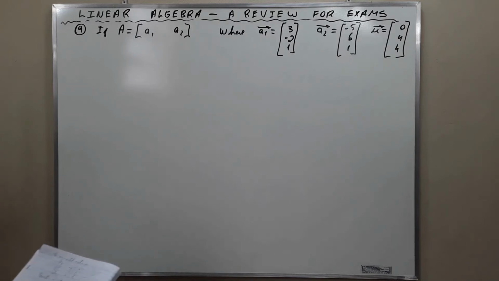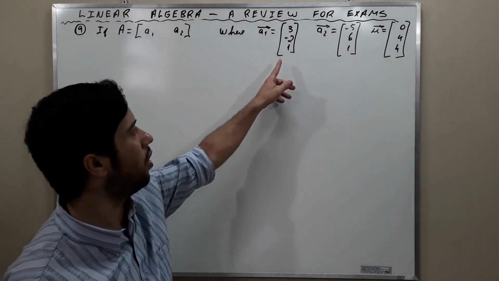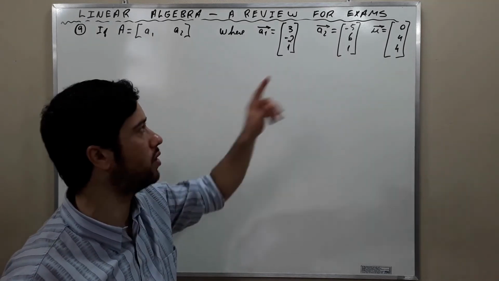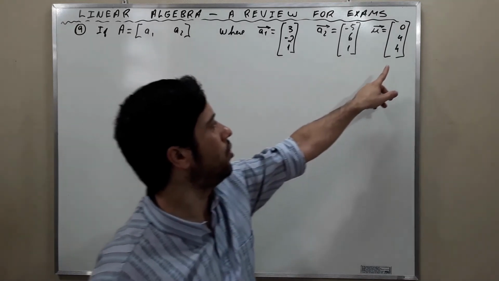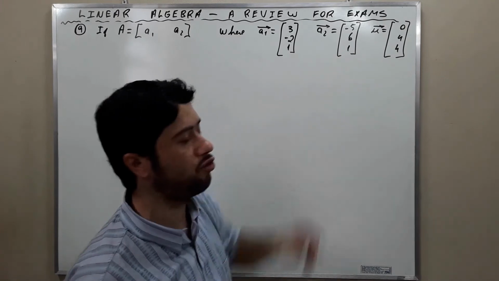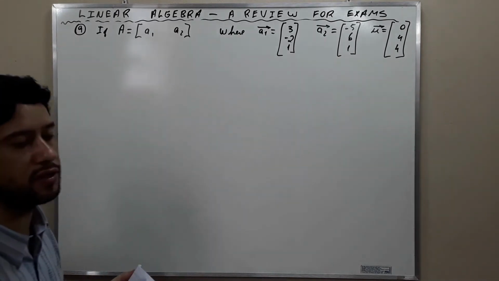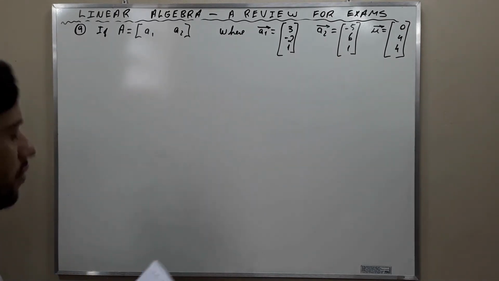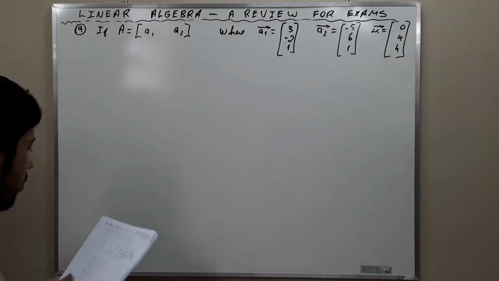The solution will be vector U is in the plane spanned by the columns of A if and only if U is a linear combination of the columns of A. In other words, U will be in the span of A1 and A2 if it can be written as a linear combination of A1 and A2. Okay?